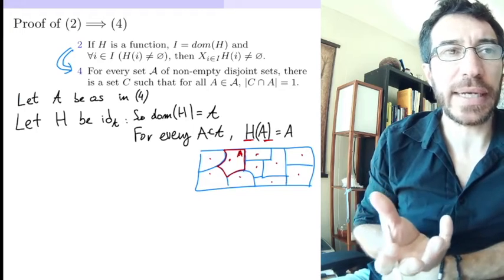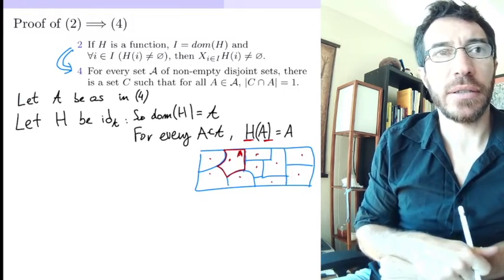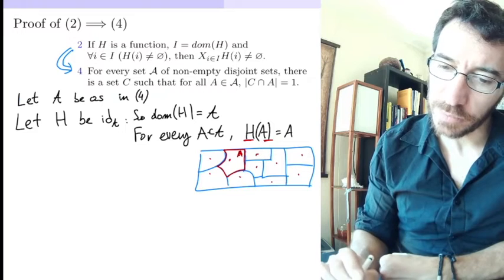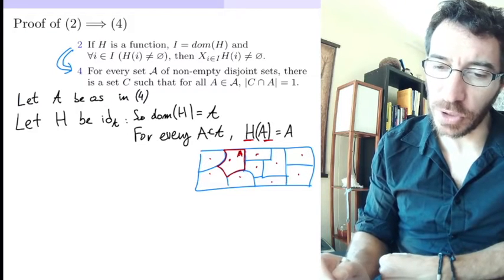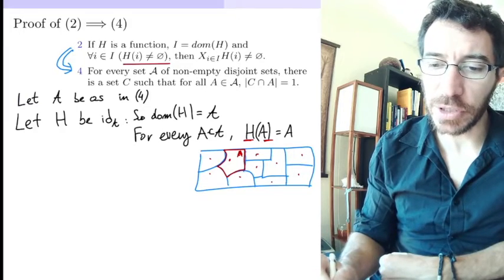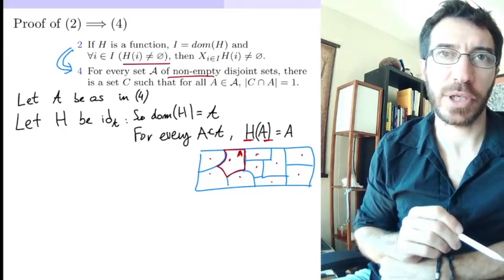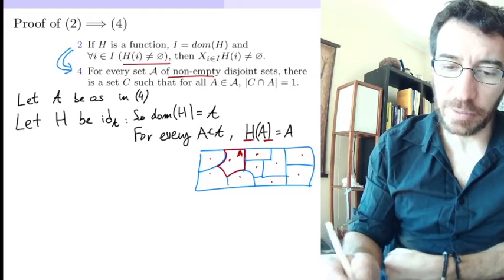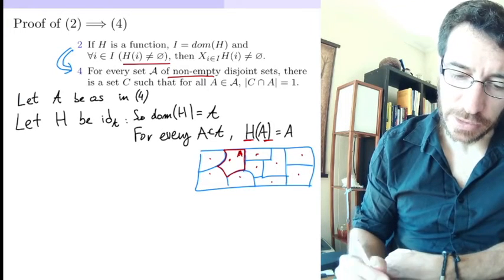To be able to apply part 2, we need to know that all the h of i's are not empty, but we know that because these guys are not empty. Okay, so what does part 2 give us?